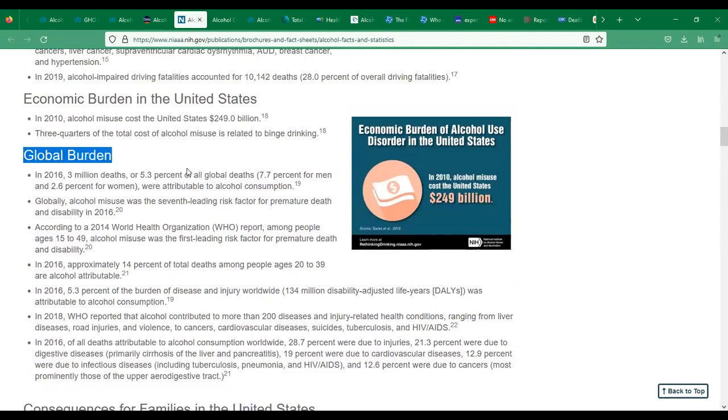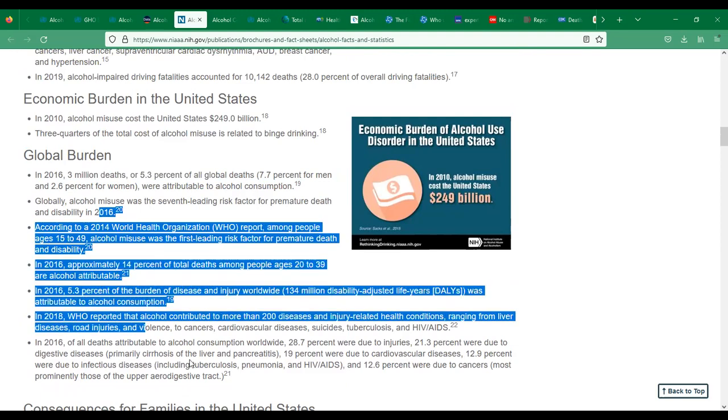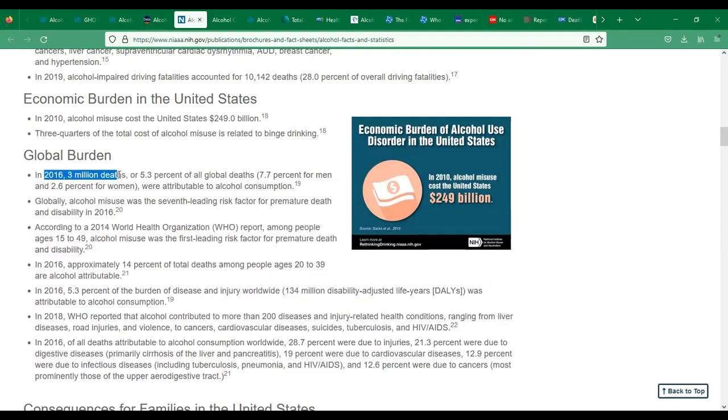Now we're making some comparison globally. I was saying 2016, so that data is still old, but again, I'll give you some clue. 3 million people died after alcohol misuse.